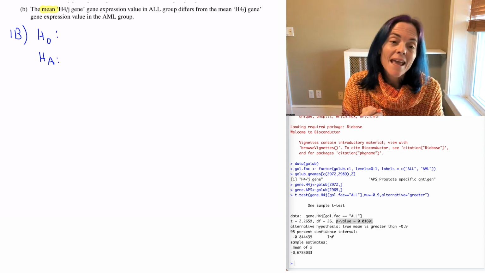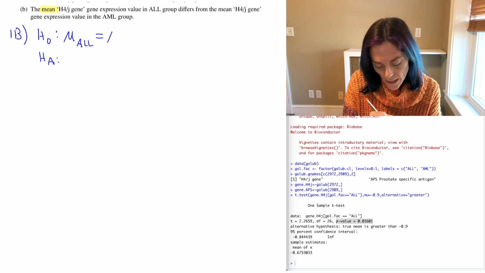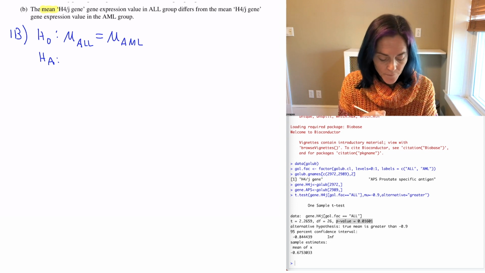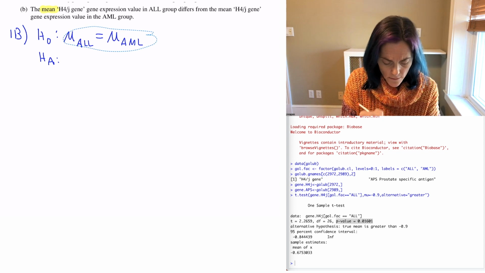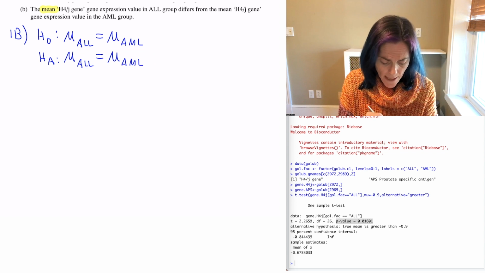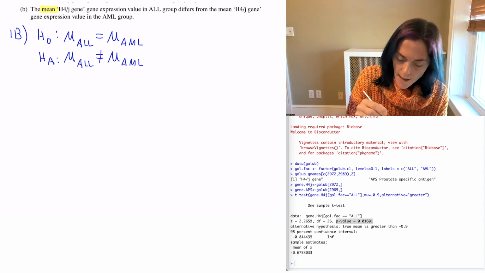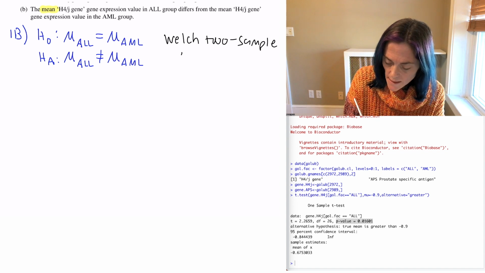The null, here I'll use a little subscript, is that the mean of the ALL for this specific gene would be equal to the mean from the AML for this specific gene. The alternative, this will be two-sided, is, well, I can copy and paste, that the means are not the same. Okay, and as I mentioned, let's do a Welch two-sample t-test. It is also two-sided.